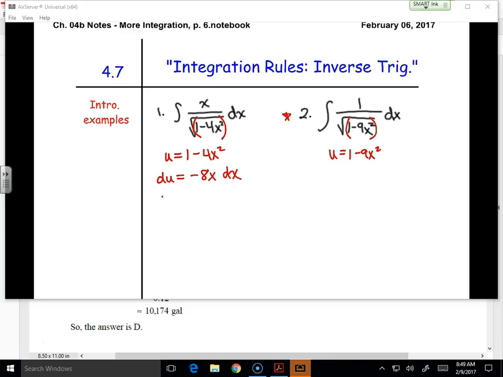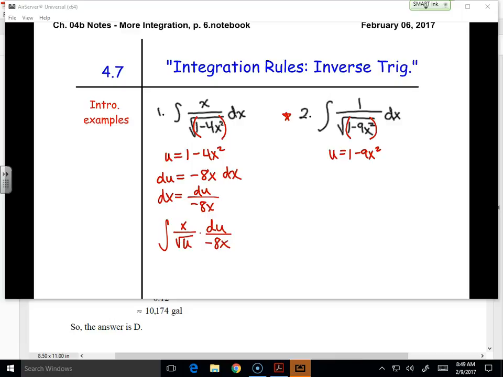Du equals, we know what to do, dx equals du over negative 8x. What Corey was saying, and Alan and Ryan were thinking, is that this u has a du with an x that I need, which will work with the one that I have. So when I go to plug in, I'm going to have x over square root of u times du over negative 8x.